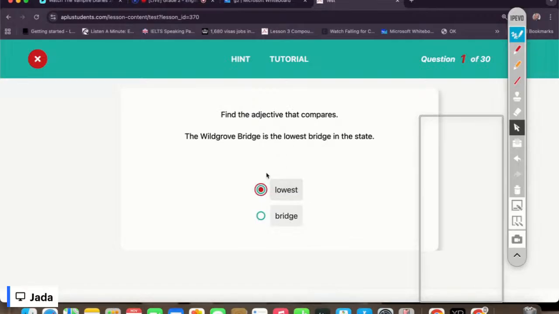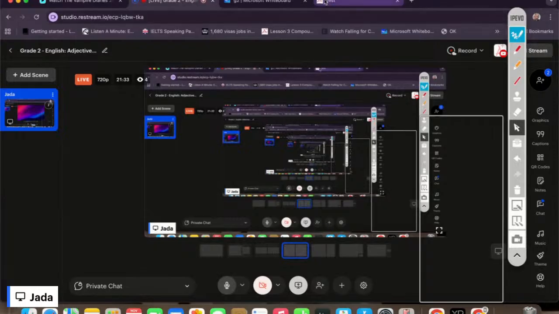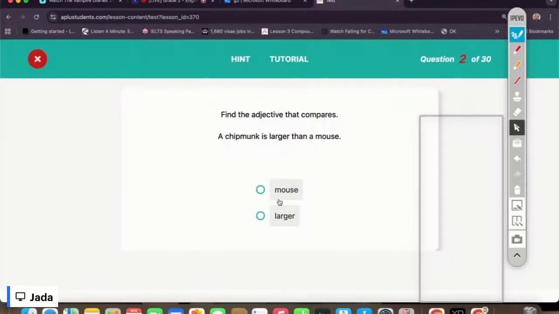All right, so we have lowest. Then a chipmunk is larger than a mouse. Mouse or larger. What is the adjective here?